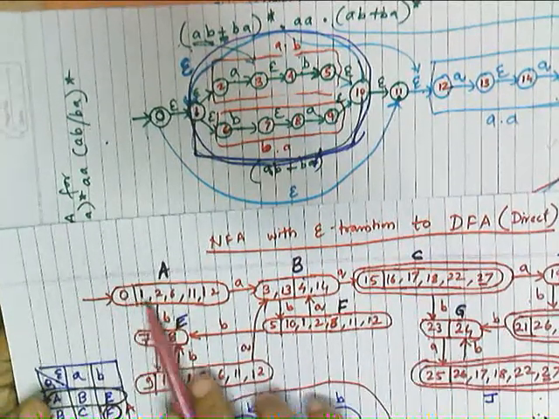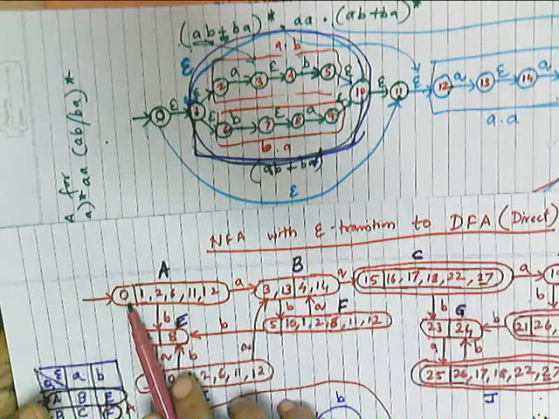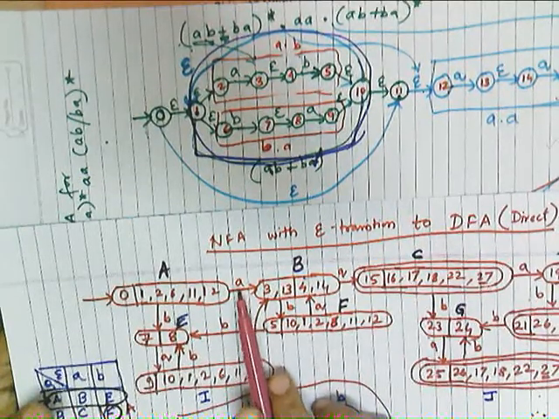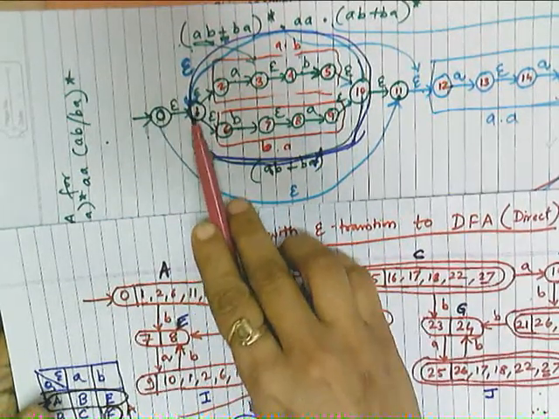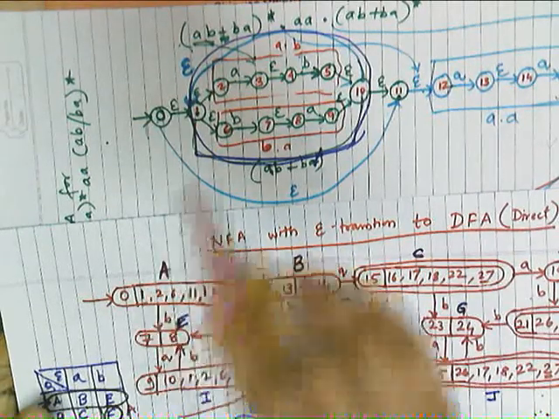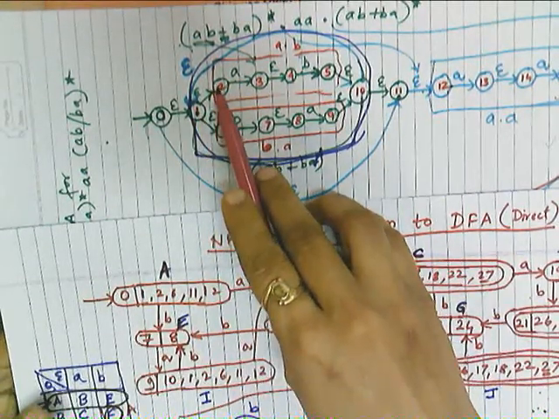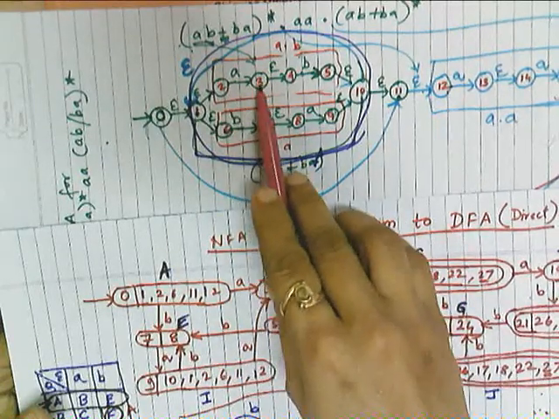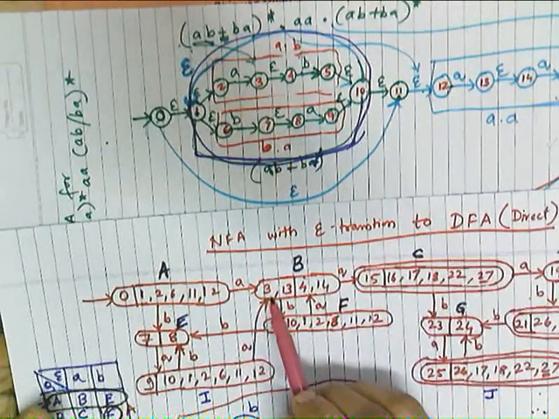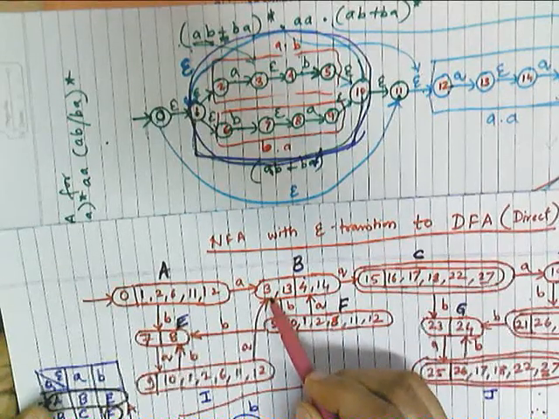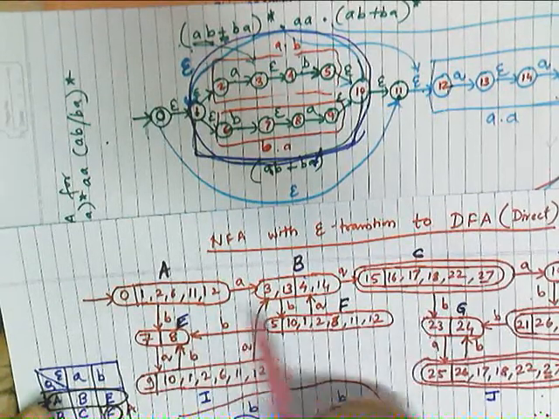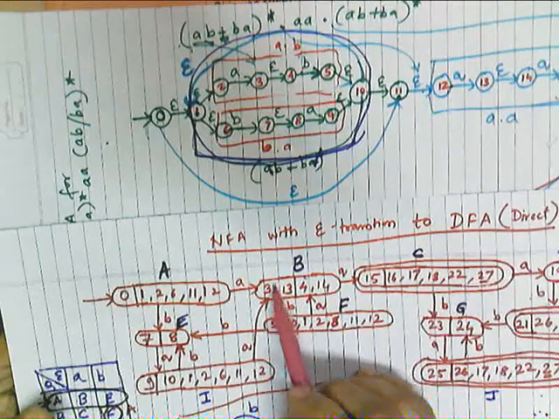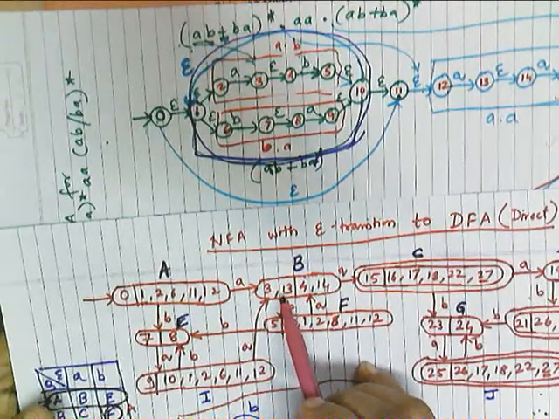So we will check for each state here where it is going with the input A. So 0 on A moves nowhere, then 1 on A nowhere, then 2 on A, yes, it is moving to 3, so we have written this particular 3 here. We have not checked all the states, that's why I have not completed this capsule part yet.